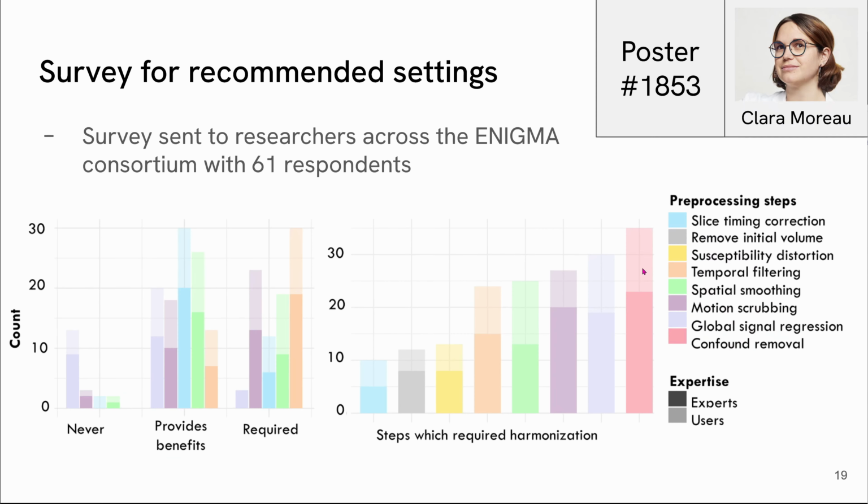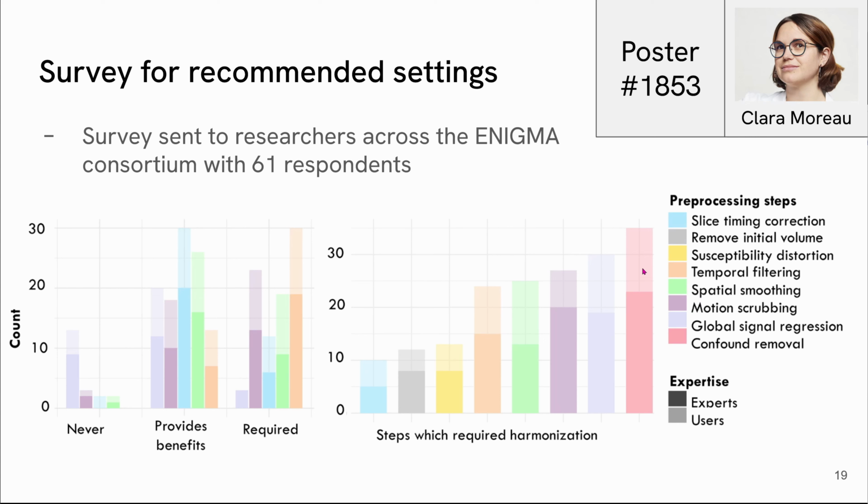So to work around this, we decided that we wanted to go beyond simple recommended settings, and rather have a consensus process to drive these recommendations going forward. That means Clara Moreau and I created a survey that we sent to researchers across the ENIGMA Consortium and also to some experts that we knew and were able to invite.